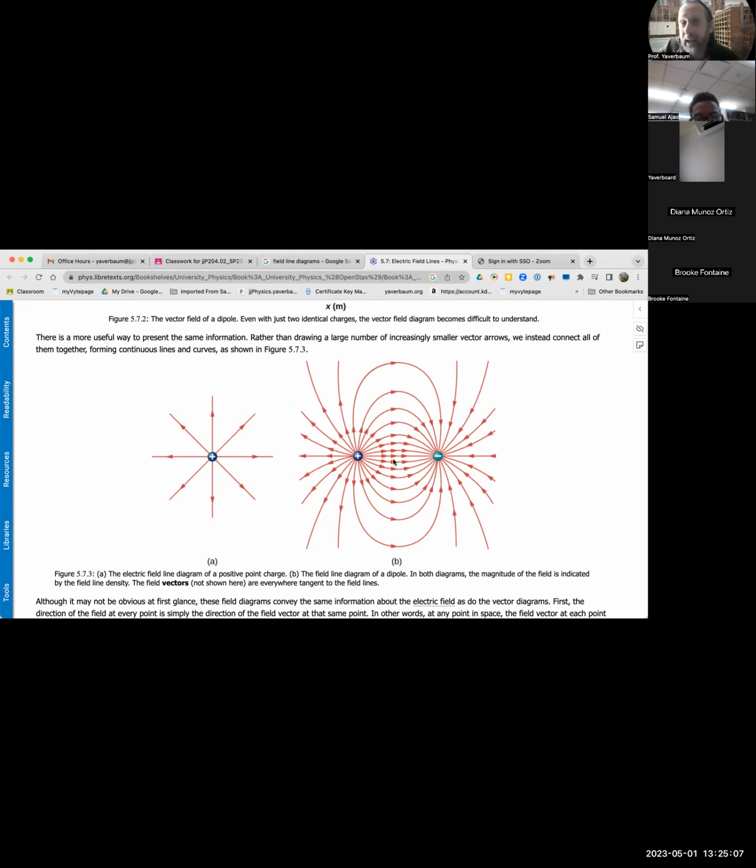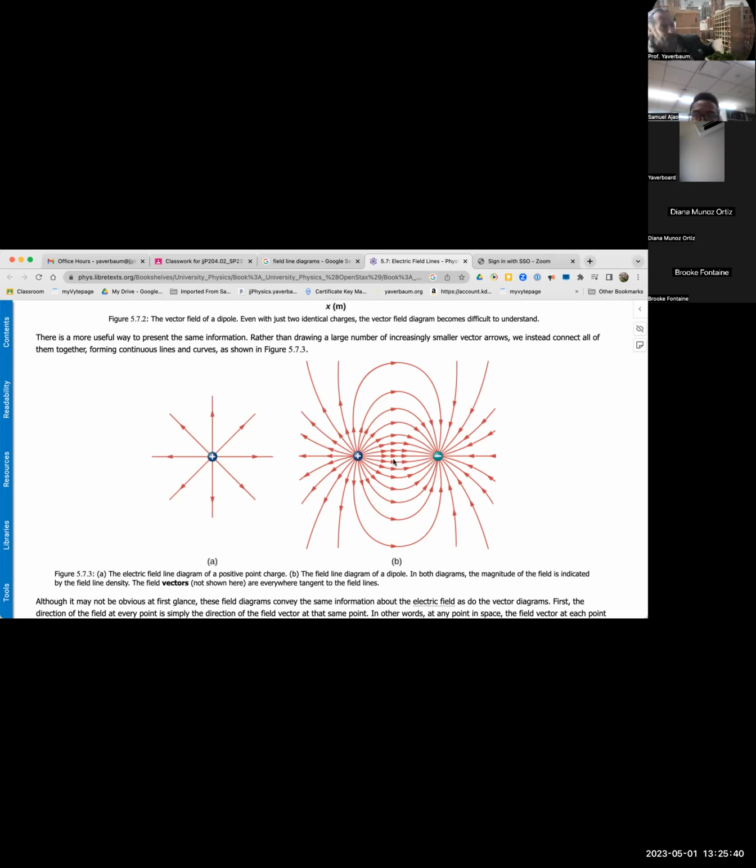Now, again, let me say again, that arrow pointing from the positive to the negative does not mean that the positive is moving towards the negative or something like that. It means if you imagined a positive 1 coulomb test charge sitting there at that location, equidistant between the two, the 1 coulomb of positive test charge would be pushed by the other positive, and it would be pulled by the negative, right?